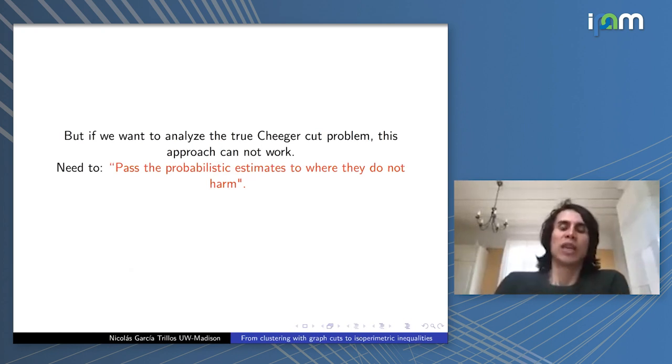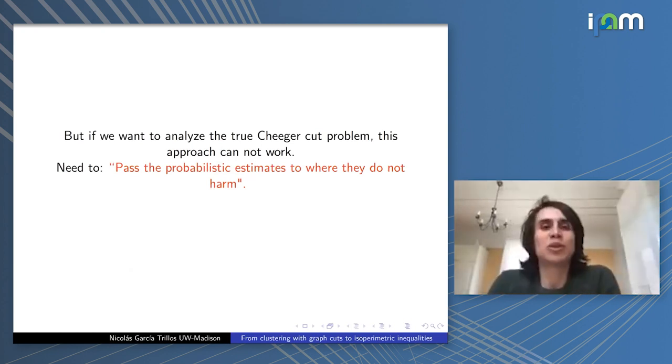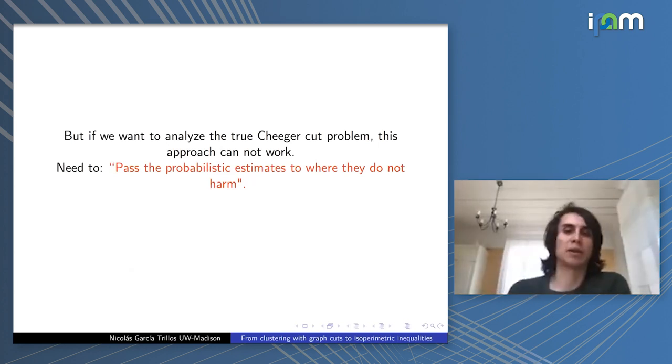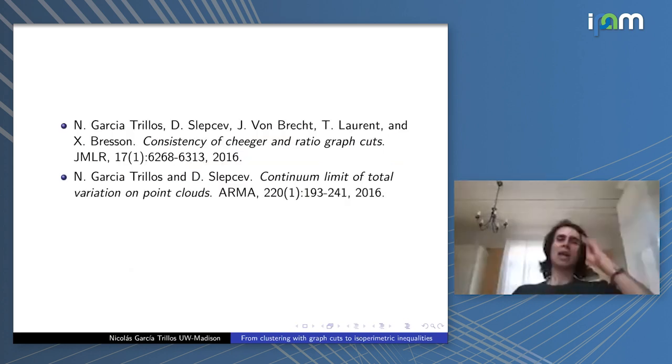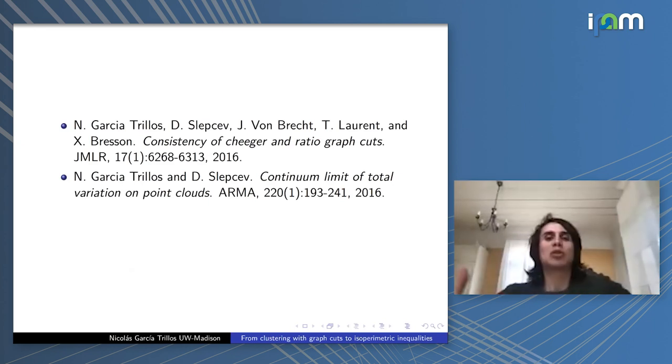Okay, so here, if we want to make some progress, we have to come up with some idea so that we can put the probabilistic estimates where they're not going to kill us, and essentially we can extract some sort of convergence rates to relate these problems. Now what I want to tell you is a first approach to this problem, trying to connect the discrete problem with something asymptotic in the limit, and we're trying to connect in whatever way we want.